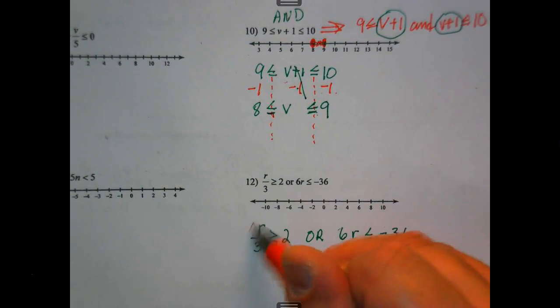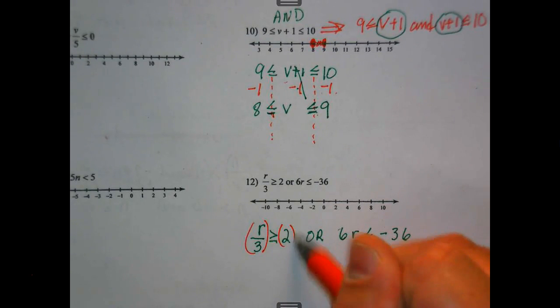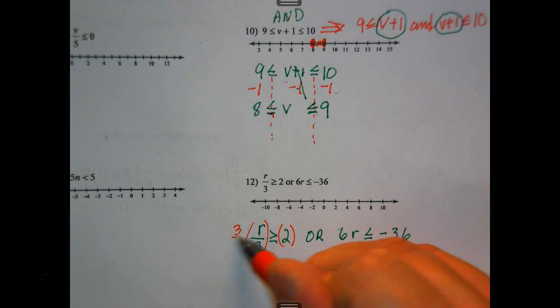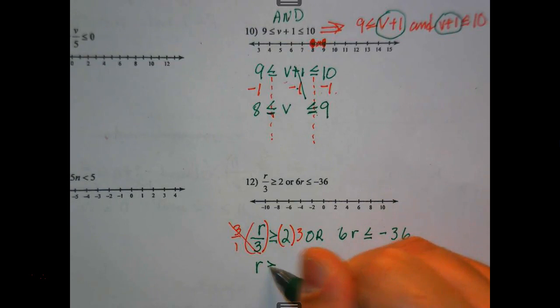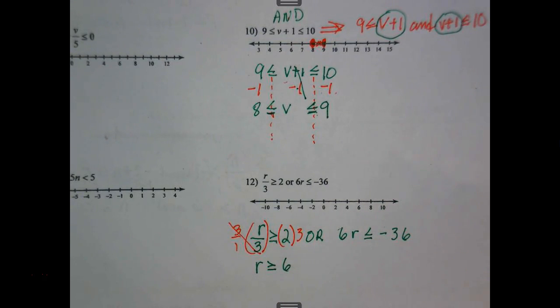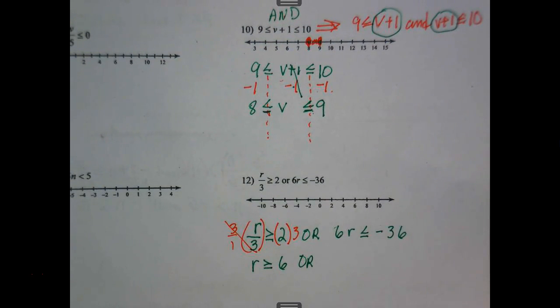So I'm going to multiply by the denominator 3. So I get r is greater than or equal to 6, or this side I have to divide by positive 6. So I'm dividing by a positive number.